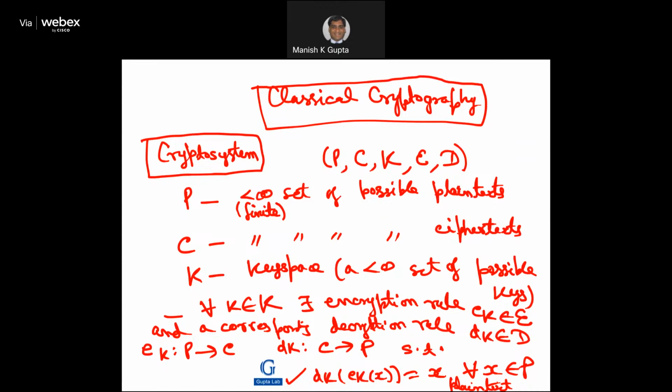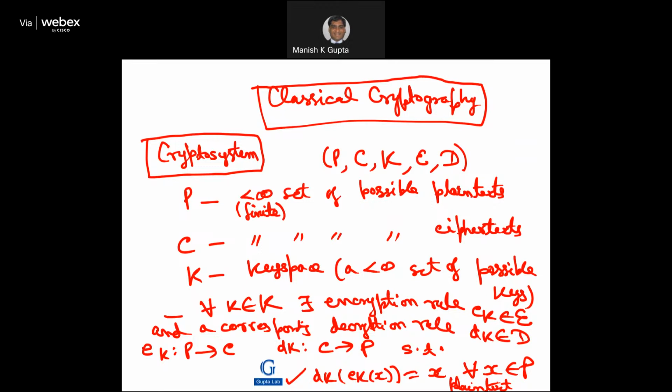C is the finite set of possible cipher text. Cipher text means encrypted data. Then K is the key space, again a finite set of possible keys, some keys to encrypt the data. Normally, if there is a plain text, you apply a key, you get an encrypted text, right? That is the thing. You can take one key from the key space.